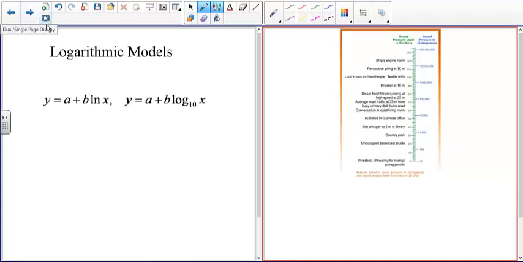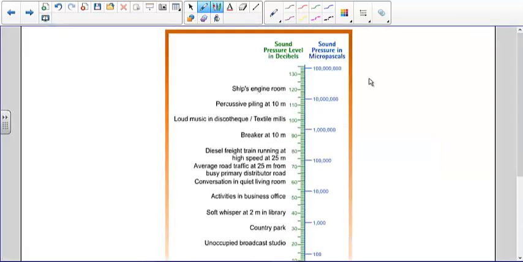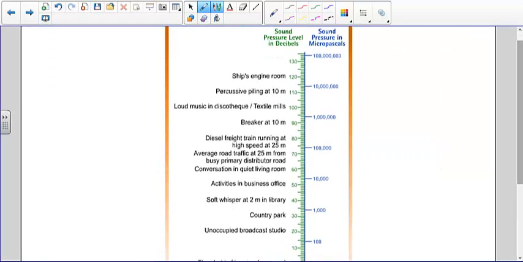So what are examples of something like that? Well, this is the decibel scale. To measure sound, you can either express the sound level in decibels, or you can do it in pressure. If you plotted this as a linear function of pressure, all these things would be smushed into a small area, because 100,000 compared to 100 million is hardly anything.